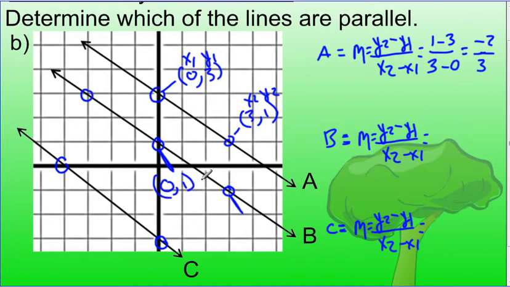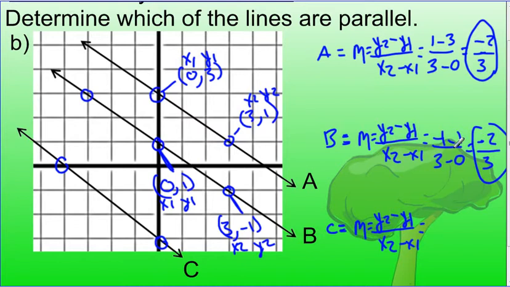This guy's at (3, negative 1). x1, y1, x2, y2. y2 minus y1 over x2 minus x1. Negative 1 minus 1 is a negative 2. 3 minus 0 is 3. Hey, look at that. These two are already the same.